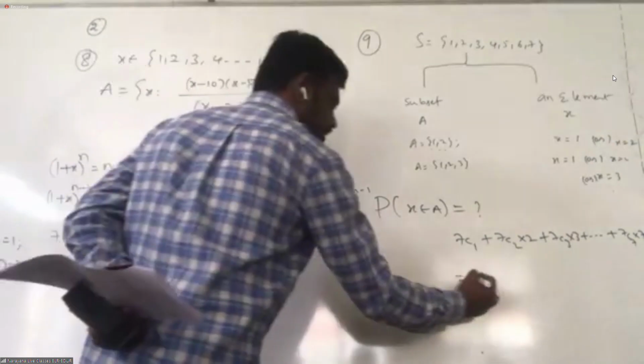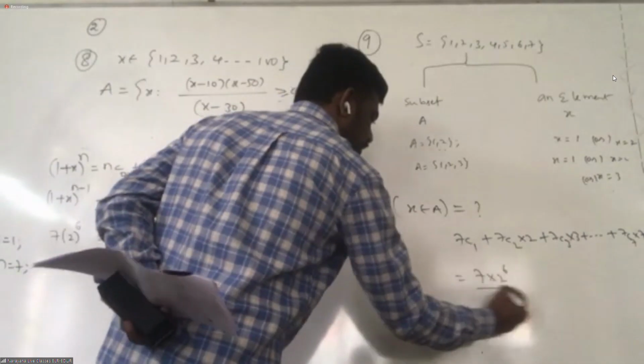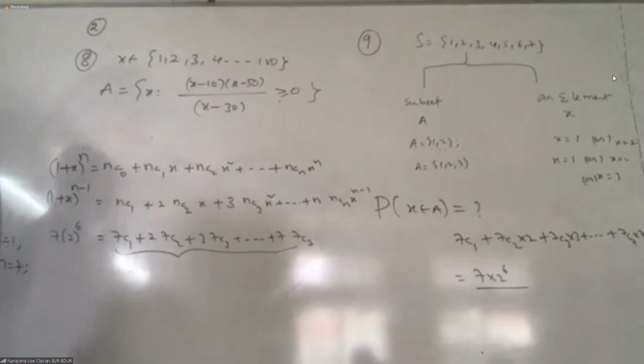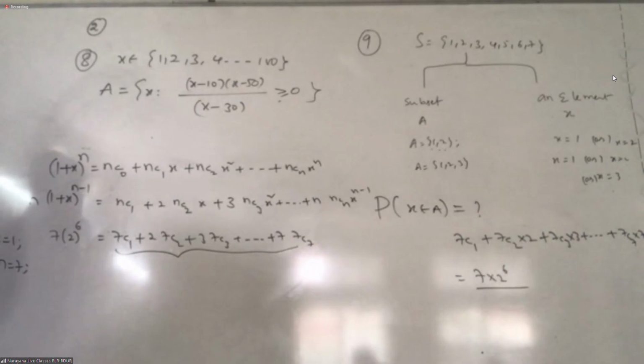Answer: 7 into 2 power 6 is your favorable. In total, two power 7 minus... No, the empty element is also there.